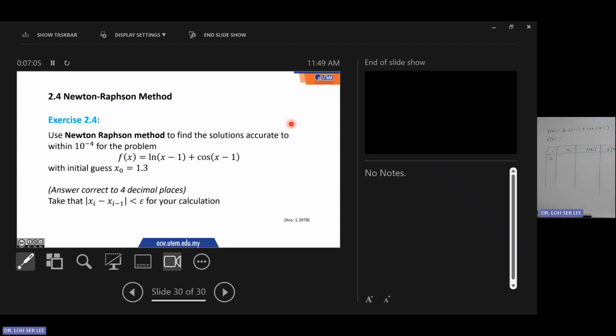Differentiate the log function. Remember how to differentiate the log function just now? That function is your f(x). You put it at the bottom, and then you differentiate the bottom function, you put it at the top.